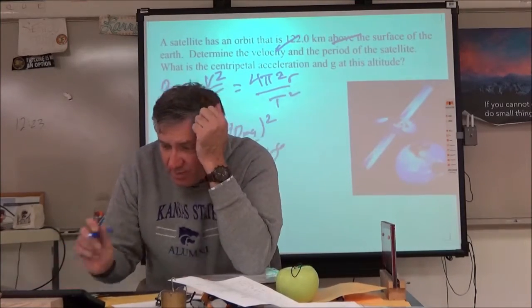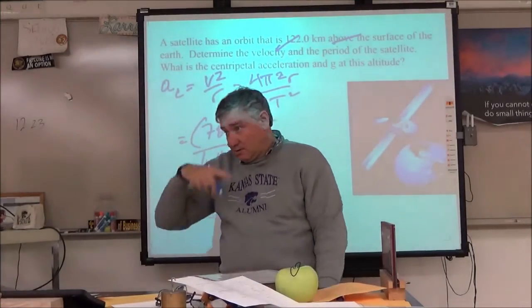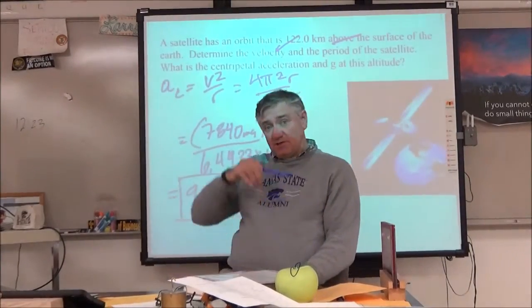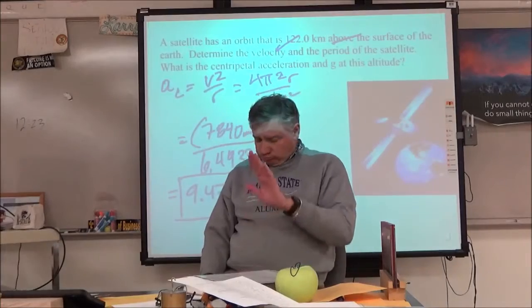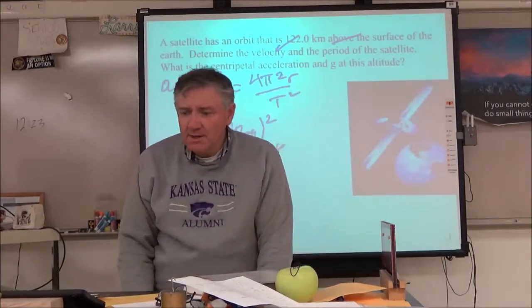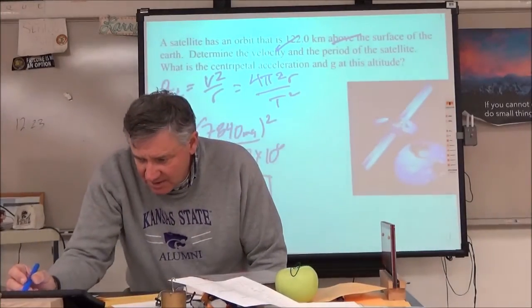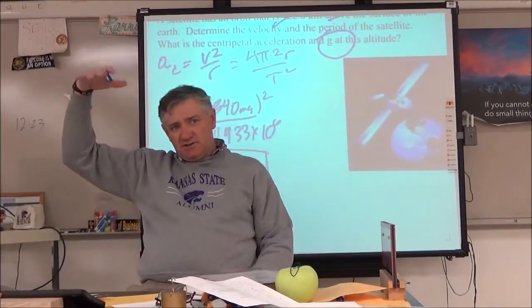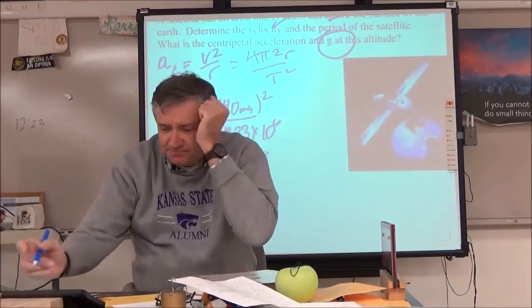So, if you were in that satellite, that would be the centripetal acceleration that you would be experiencing. It's cool. Now, let's calculate little g at this point. Here's the visual that I need you to get on this calculation.